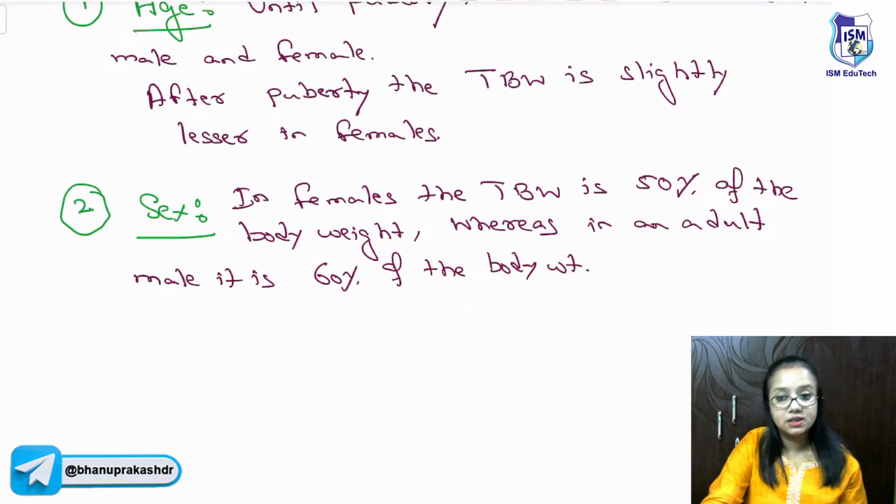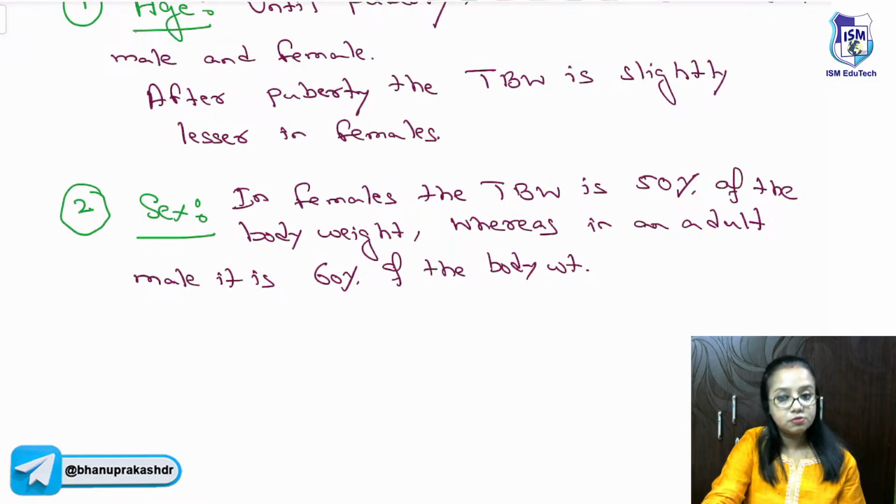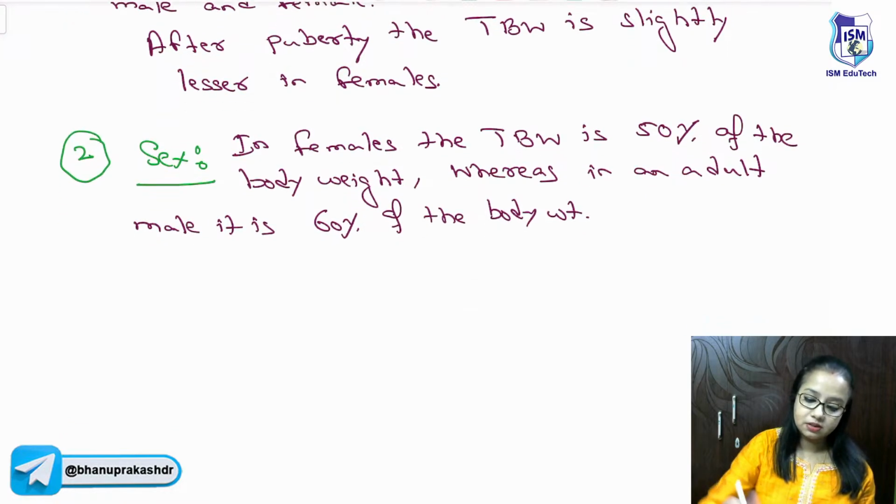That means in a 70 kg adult male, it is 42 liters, whereas in a 70 kg adult female, it is 50%, which is about 35 liters. So 10% of difference. Females have 10% less body water compared to that of a male.